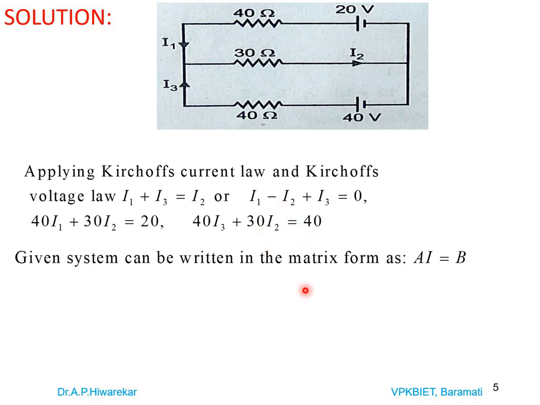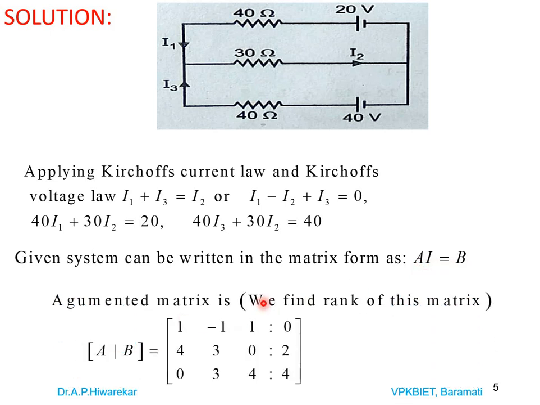So this system can be written in the matrix form as AI is equal to B. A is called the matrix of the coefficients and we write the augmented matrix AB. We can write the first equation as the first row: 1, minus 1, 1, and the right hand side is 0. The second equation, we cancel 10 from it and write 4, 3, and I3 is not there, so 0, is equal to 2.